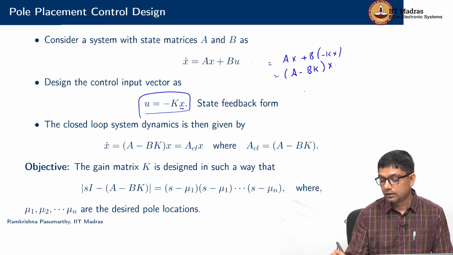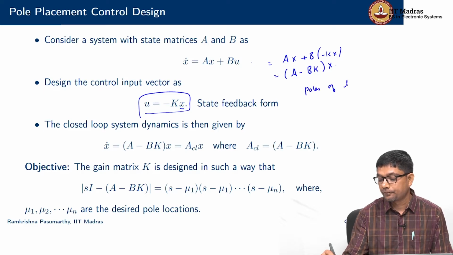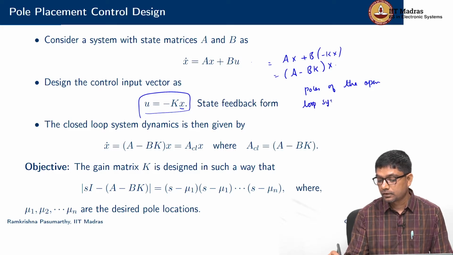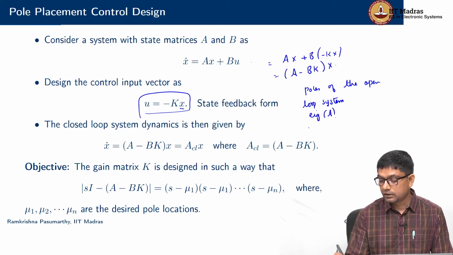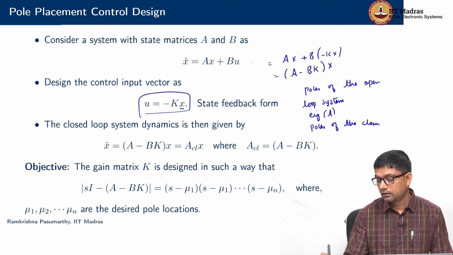So, what are the poles of the open loop system? These are typically the eigenvalues of A. What are the poles of the closed loop system?